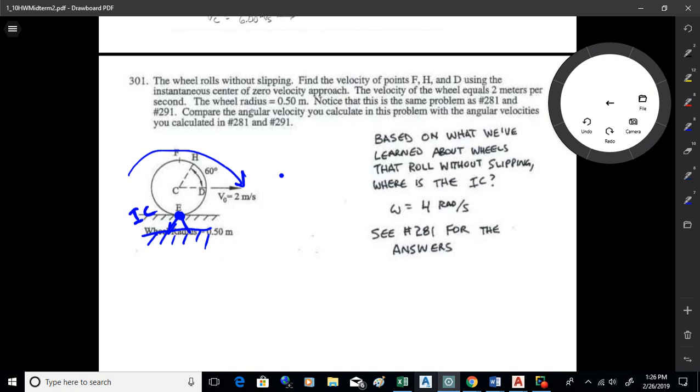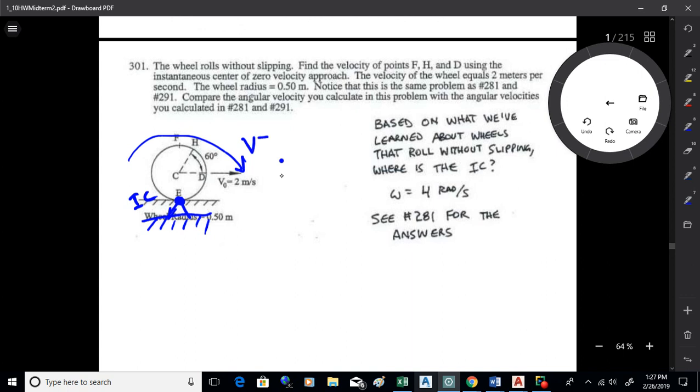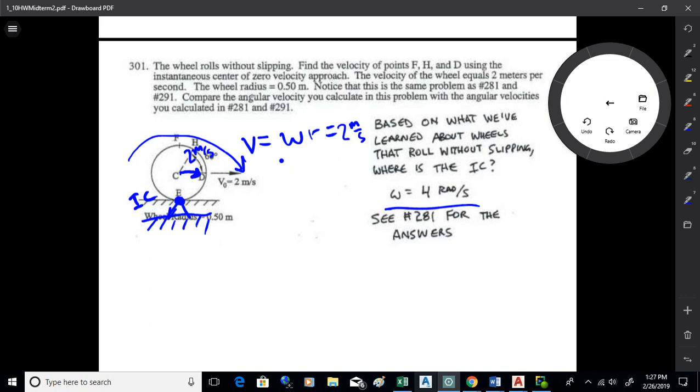So what you want to do then is figure out what the velocity of the wheel is. It's omega r, and we've got omega, and the radius of the wheel is 0.5. If you multiply those together, you get 2 meters per second. So the velocity of the center is 2 meters per second.